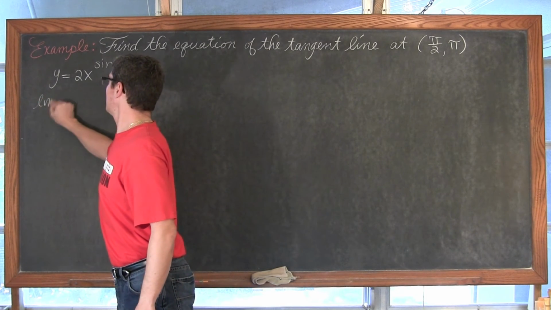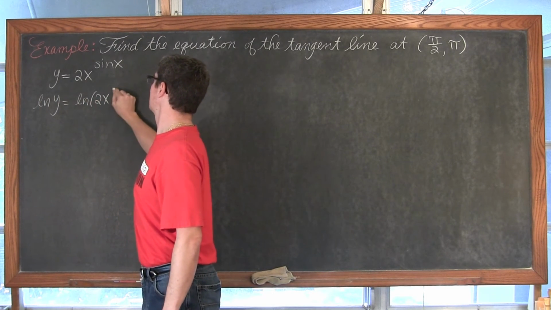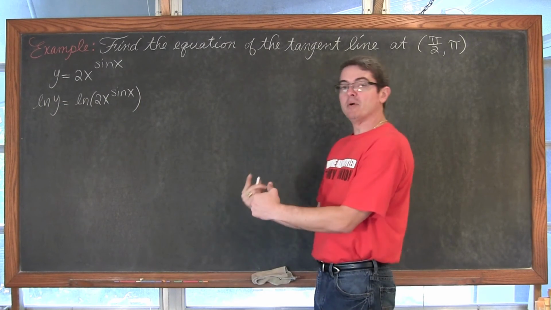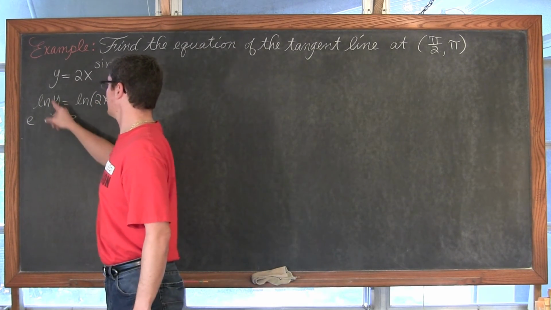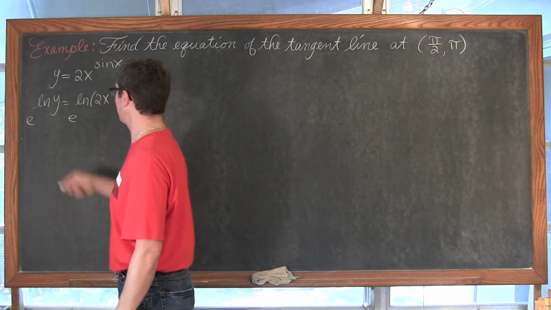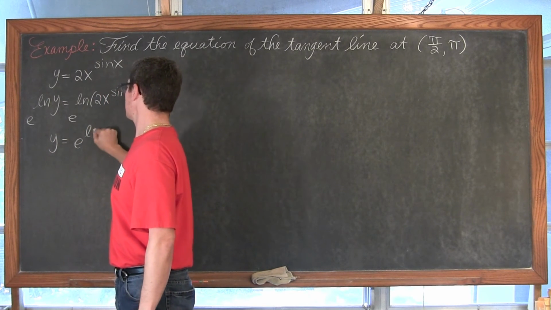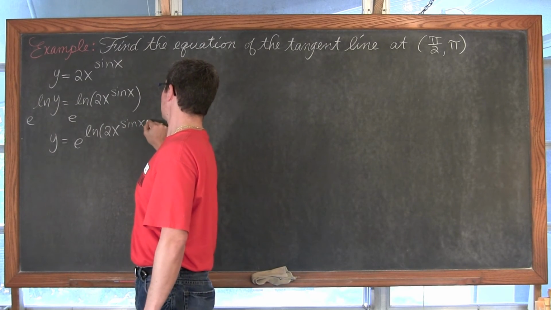We have the natural log of y is equal to the natural log of 2x to the sine of x. Now we're going to make both sides an exponent of e. Effectively, I want to get back into the exponential form, and we have y is equal to e to the natural log of 2x to the sine of x.